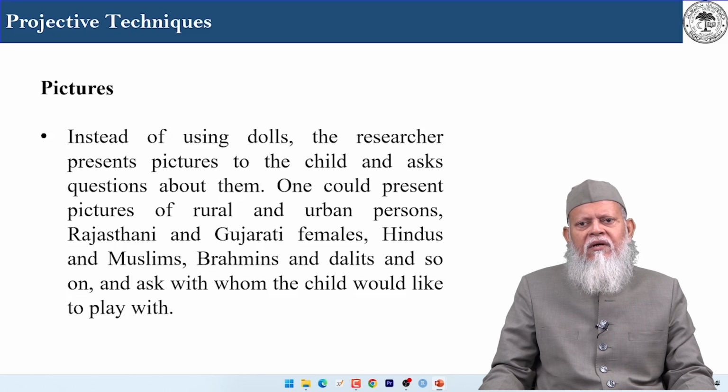We show the picture to the child and then he reacts through what he has in mind, and that way the researcher collects the data in an indirect method.